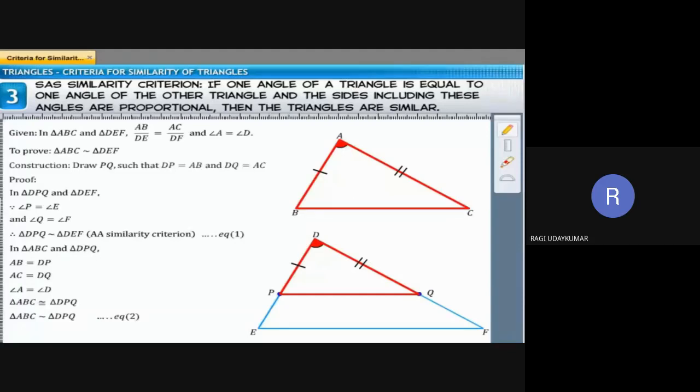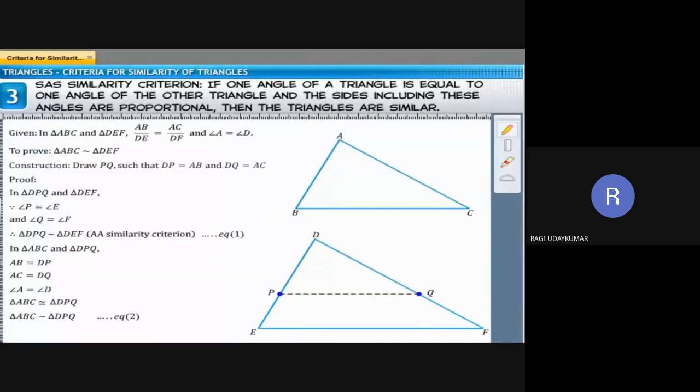So P and E are equal, so B and E are equal. You see here, the two triangles ABC and DPQ are similar. Congruent means they are similar only. Every two congruent triangles are always similar. So ABC is similar to DPQ, and DPQ is similar to DEF.